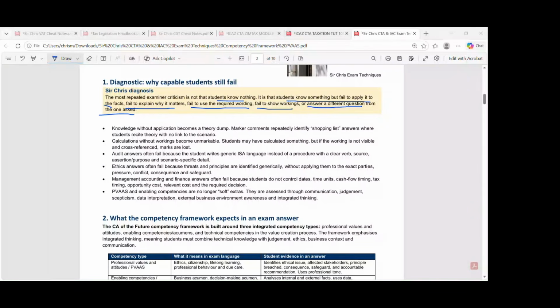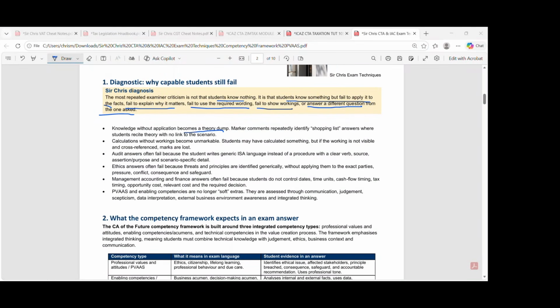If we agree, team, you can show me through reactions. You see those things, so I need you to appreciate that knowledge without application becomes a theory dump. Confirm on the way I was structuring my solutions, team, you have seen the application, especially those who followed this session from the beginning up to now.